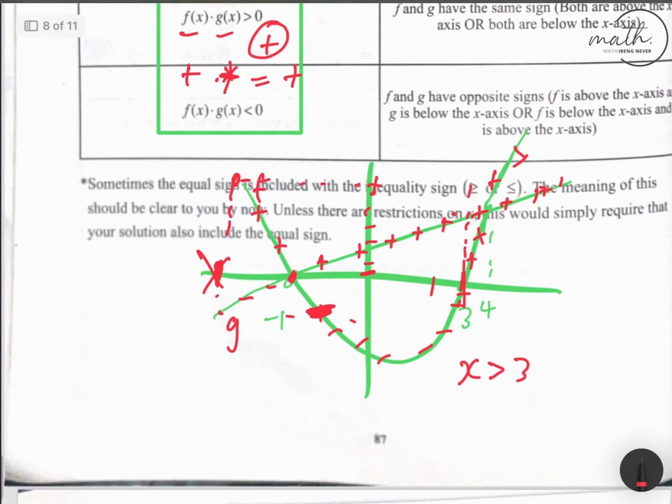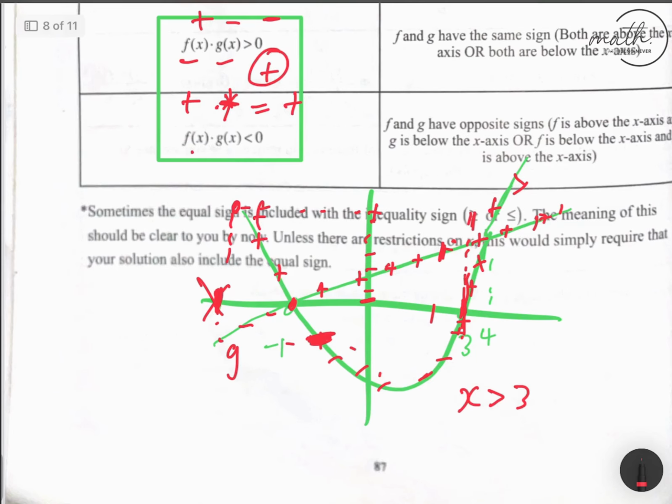Because when you're here, it's going to be positive times negative, which doesn't work. So it's after here in this case. And you can apply this with all the other graphs as well. Similar to this one, which wants them to be not the same. That means one has to be positive and one has to be negative, because the answer says less than 0, and less than 0 means negative.